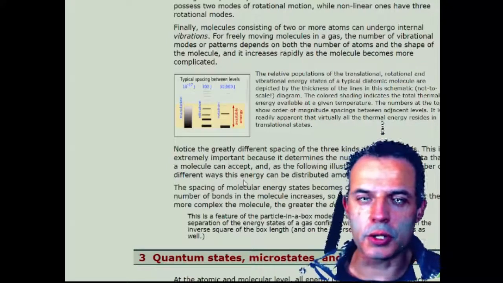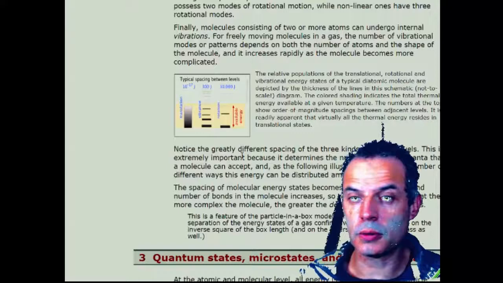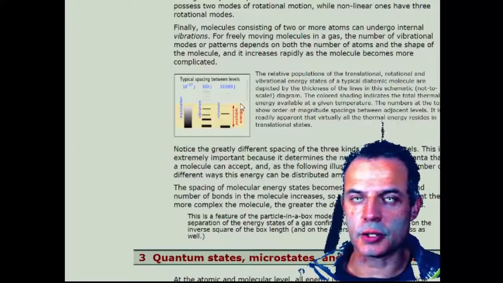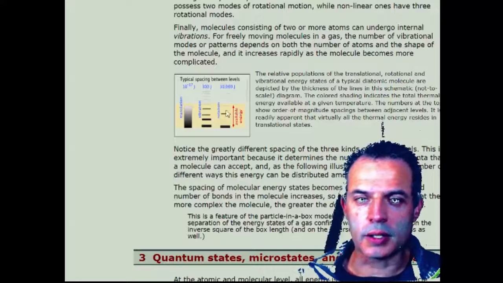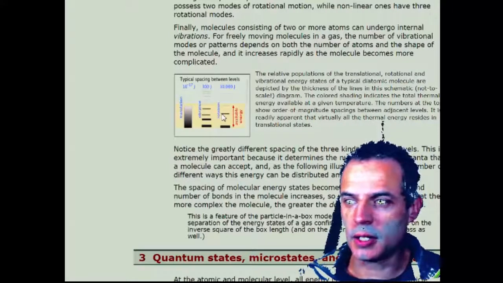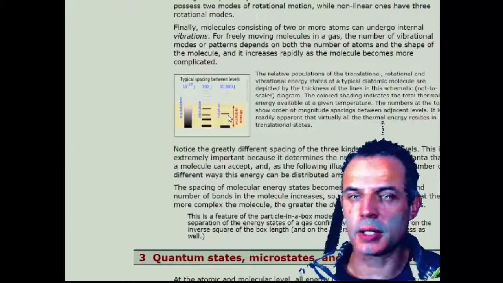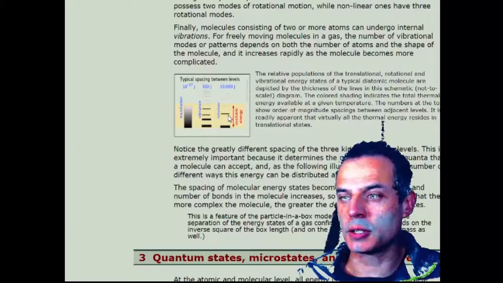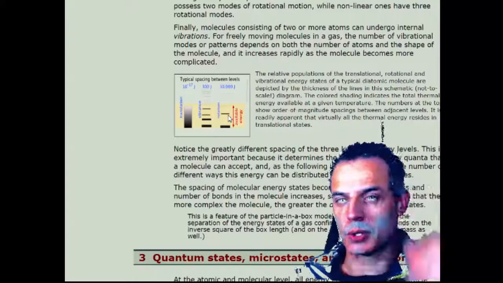If we imagine we cool the system down, as we cool it down, this yellow band gets smaller, and if we get down below this level here, which I'm showing with my mouse, we cannot have any rotationally excited molecules anymore because we haven't got enough energy to excite one.